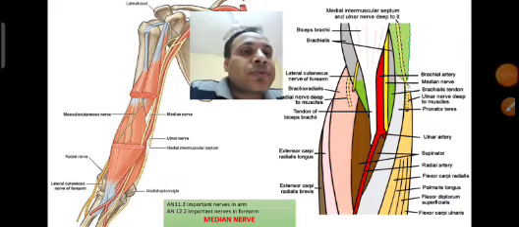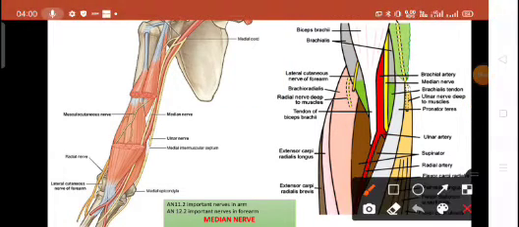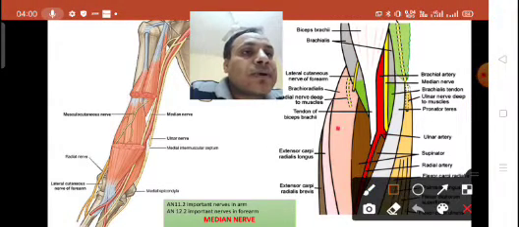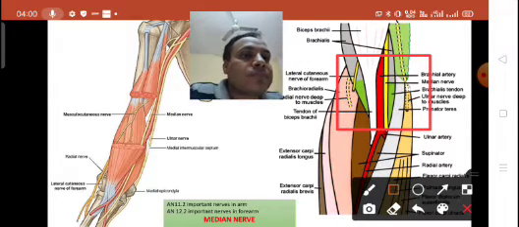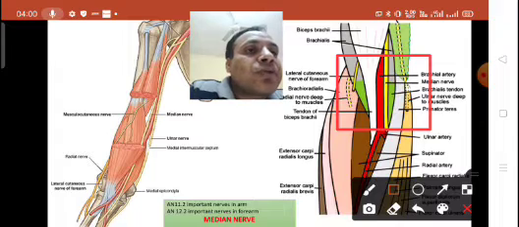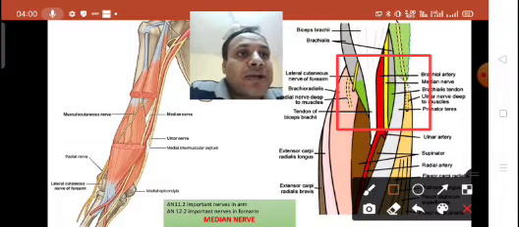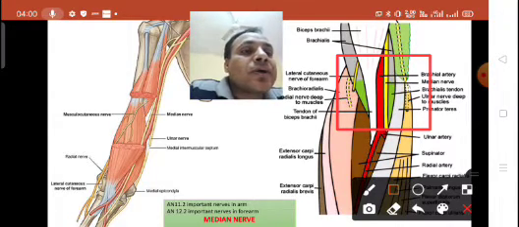You see, this is the cubital fossa. See in this diagram, the most medial content of the cubital fossa is the median nerve. This one is the median nerve.